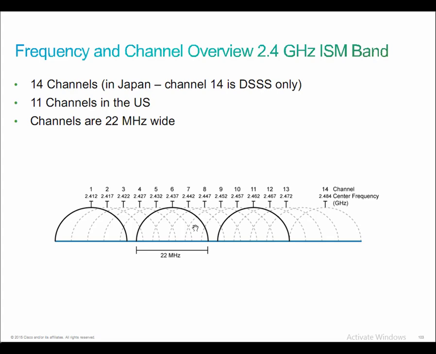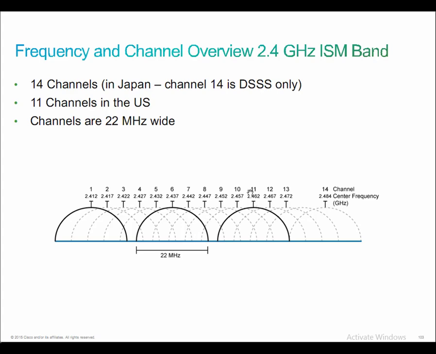So if you look at the overall spectrum, which in that 2.4 gigahertz range goes, well, technically it goes from 2.4 to 2.4835 gigahertz, up to 2.4970 in Japan, which allows for 11 channels in the United States and up to 13 channels in Europe and 14 channels in Japan. That's why you see a designation of 13 and 14, but in the United States it stops at 11.